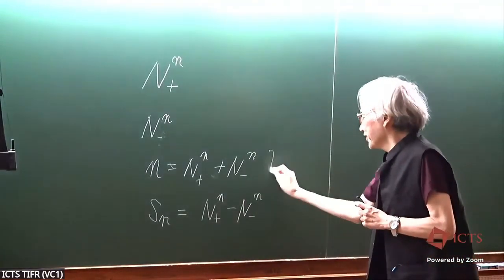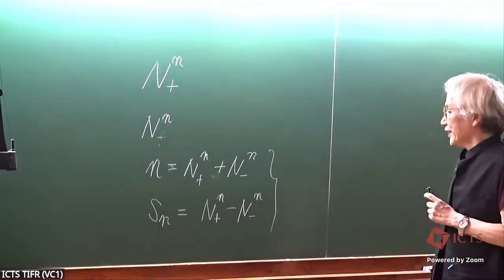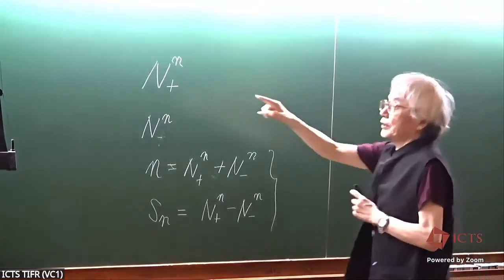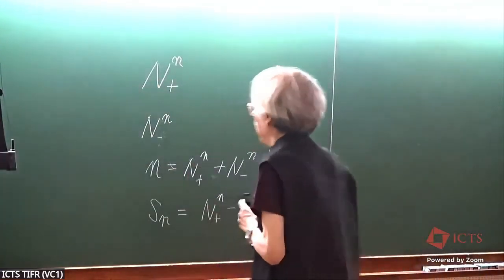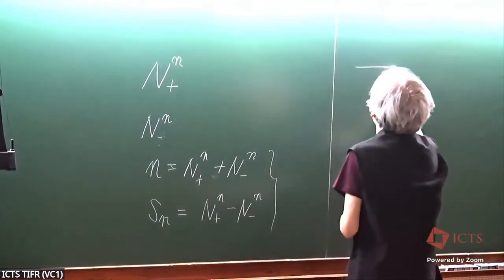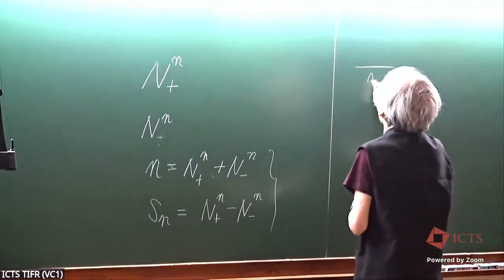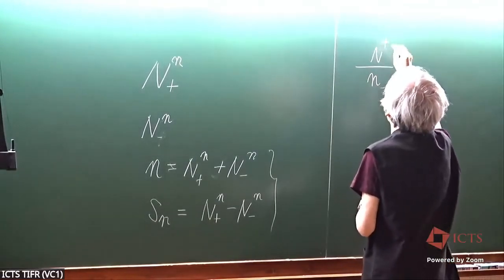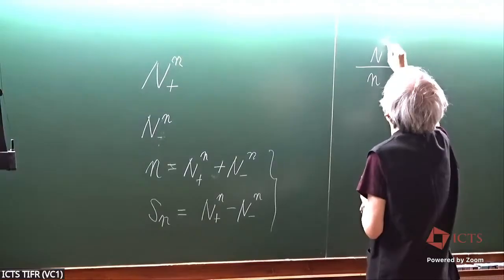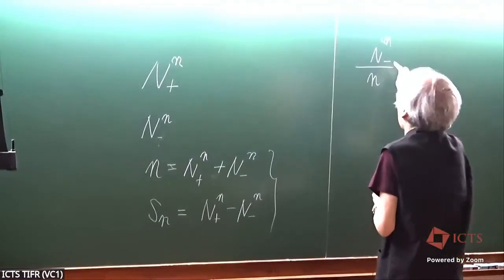Because of this simple relation, we can get the ratio. The point is Un is uniformly distributed. We need from the memory the ratio of plus and minus 1.